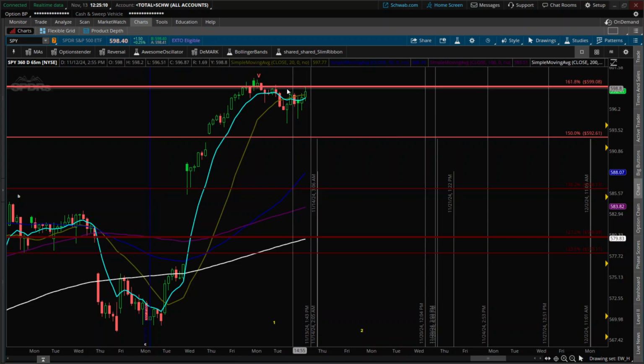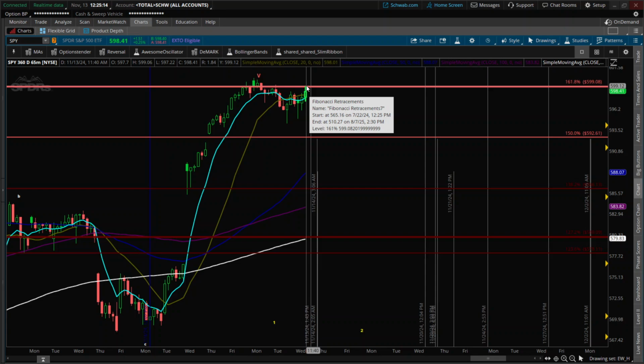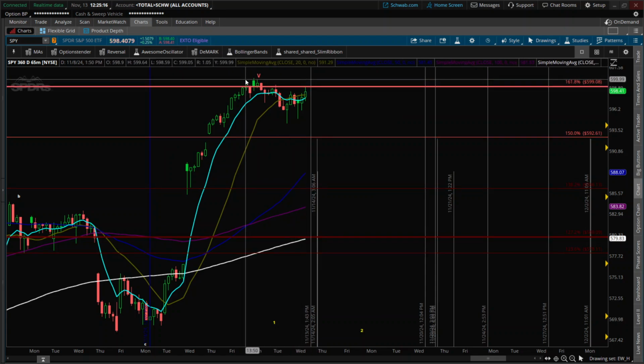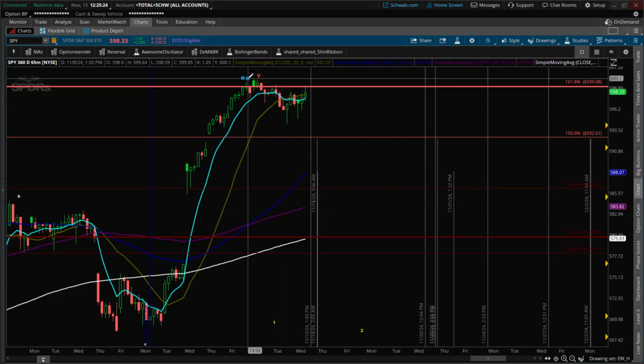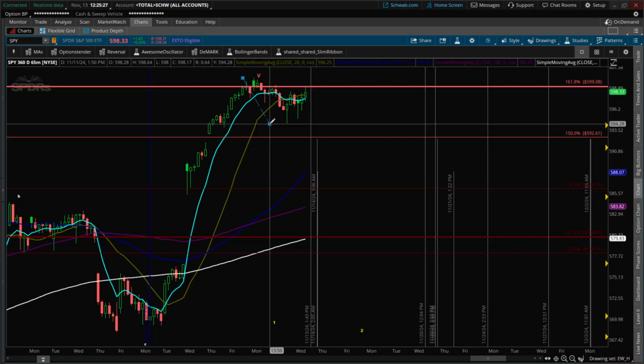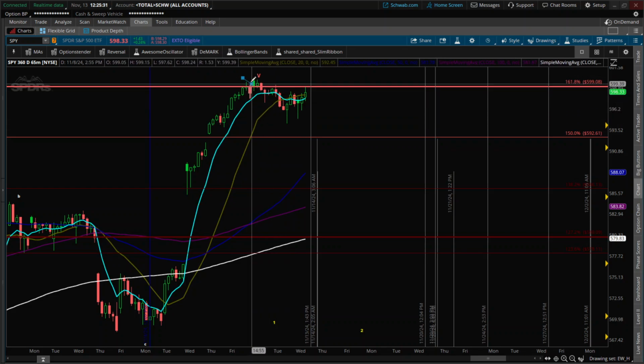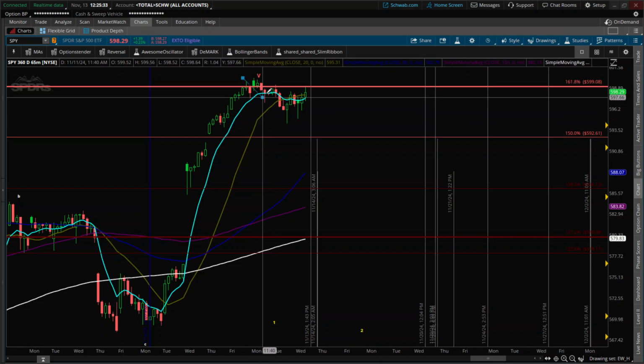So it broke down from it and back tested. And if the high is in for this lower high going into tomorrow, we can take our Fibonacci extension tool and go from the top of the move to the bottom of the initial move. And again, this is assuming that this is one wave here, not a 1-2, 1-2.